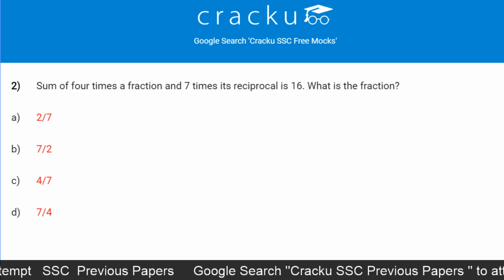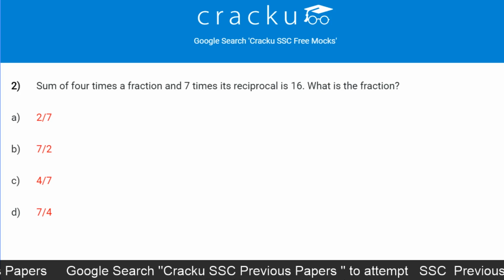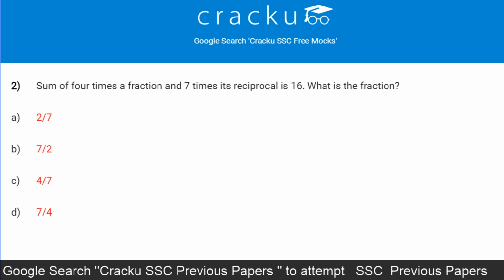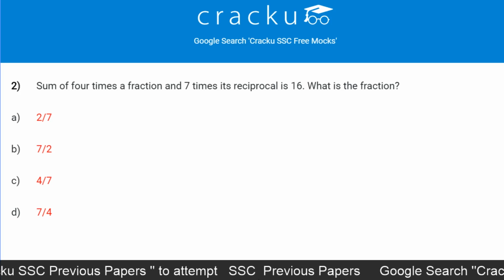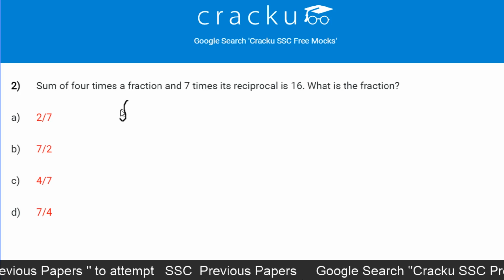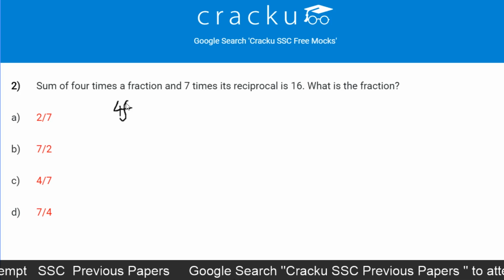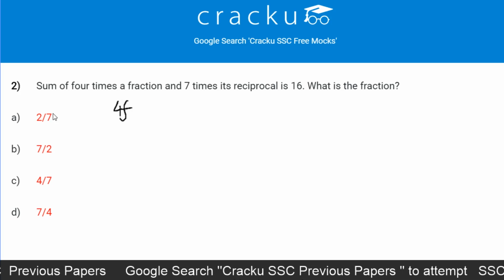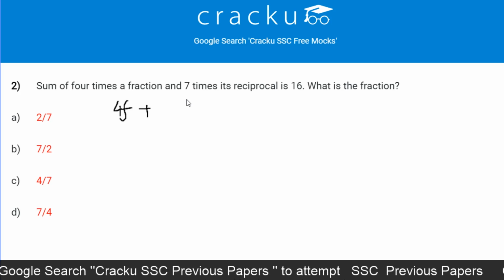Second question. Sum of 4 times a fraction and 7 times its reciprocal is 16. What is the fraction? Let us assume the fraction to be f. Now it is given that the sum of 4 times the fraction, that is 4f, plus 7 times its reciprocal.